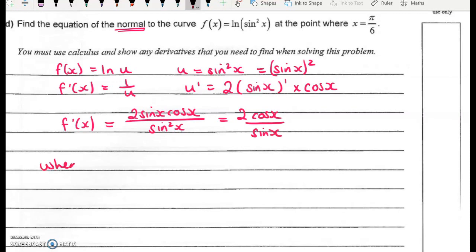Now when x is equal to pi by 6, which is what we're given in the question up here, then we get the gradient will be equal to f dash of x, which is equal to 3.464.